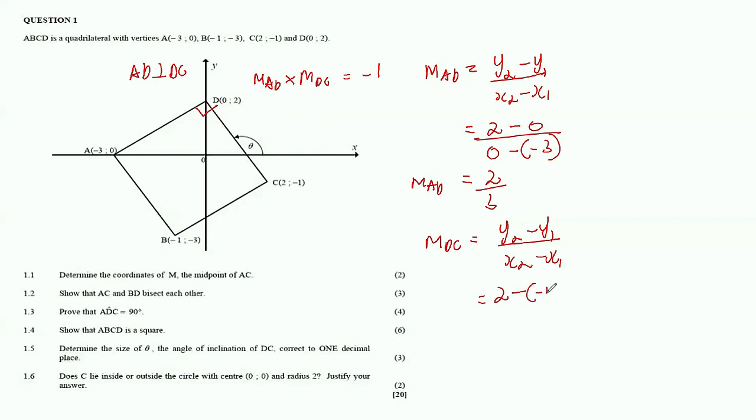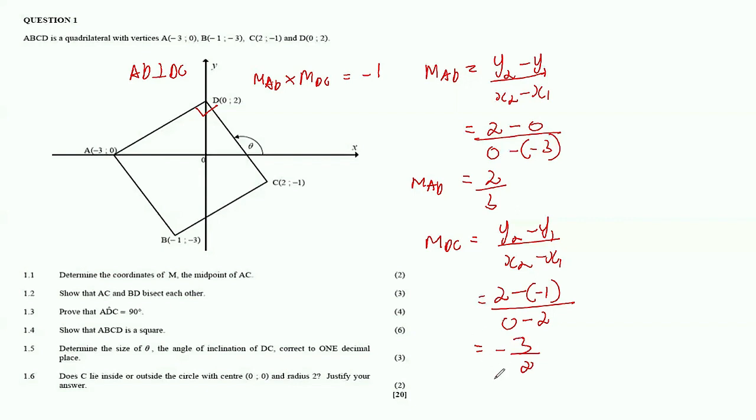So 2 minus -1, and then over, we take 0 as the x coordinate of D, minus 2. And what is 2 minus -1? That's positive 3 up there, but 0 minus 2, that's -2. So at the end of the day, we're going to have -3 over 2 as a whole, right?